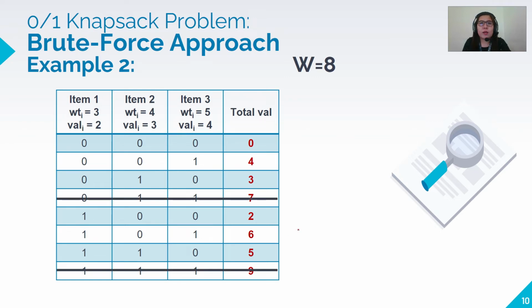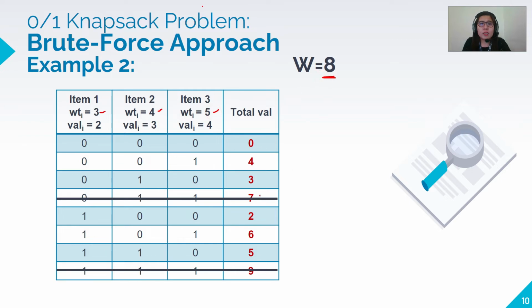We have that one. Because if we will try to take a look sa weight nila for item 2 and 3, that is 4 plus 5, that is 9. That exceeds the capacity. Same is true with the last one. The weight is 3, 4, that is 7 plus 5, that is 12. Nag-exceed na sa capacity.